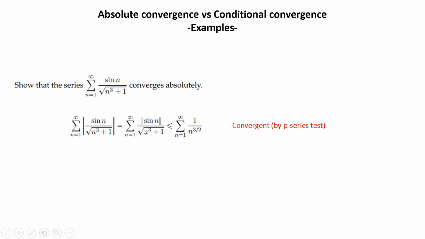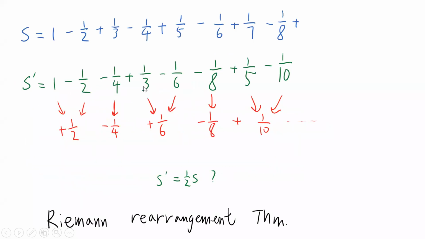So that's why I can conclude that this series is smaller than or equal to this series over here, 1 divided by n to the power 3 divided by 2. And this is a convergent series, either by the P series test or the integral test. So that's why this one converges absolutely.